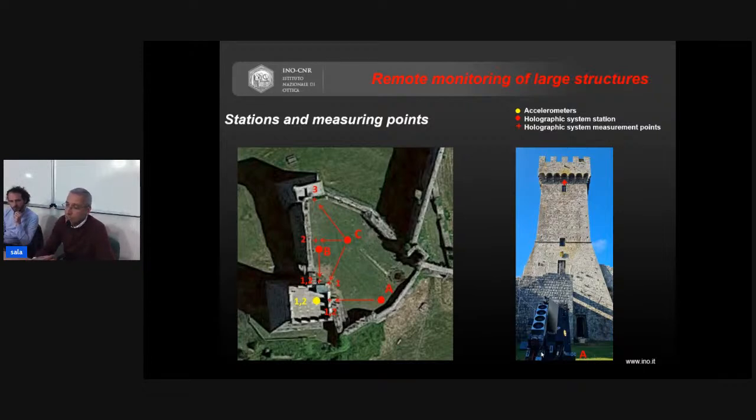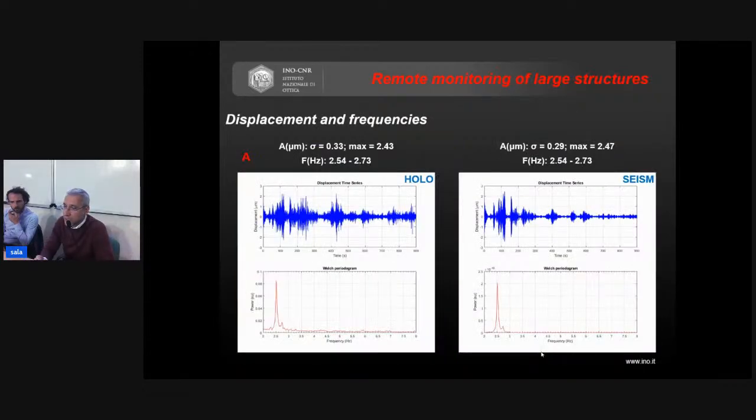Instead, we, with our holographic system, looked at the upper part of the main tower of the structure. And as you can see from these graphs, there was a very good agreement between holographic and seismometric data, both for the displacements of the structure and for the spectrum of the frequencies.